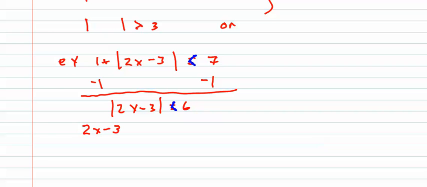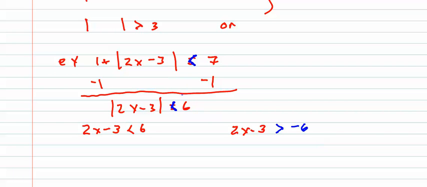Okay, now we write our two inequalities. 2x minus 3 is less than 6. And notice that I wrote it exactly like it sits here, but without the absolute value. And then I have 2x minus 3. And I switch the direction, and I switch the sign.